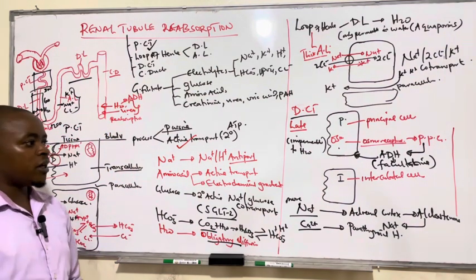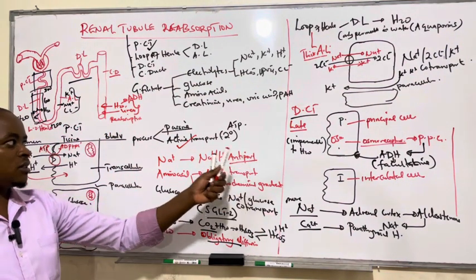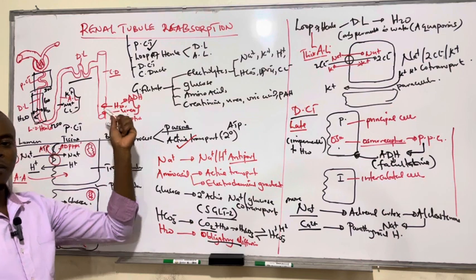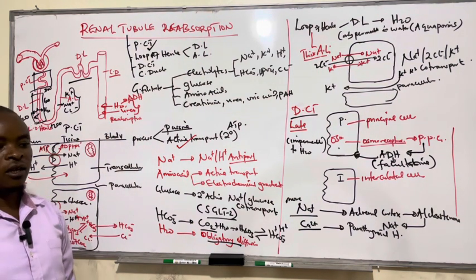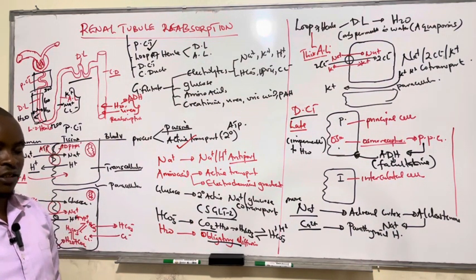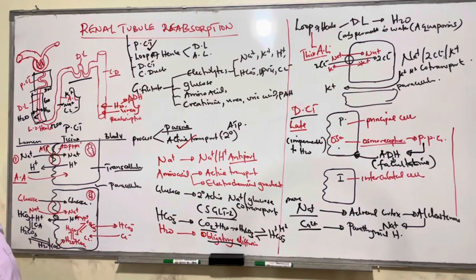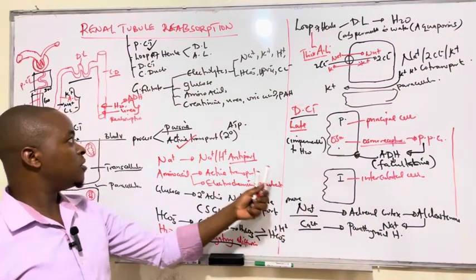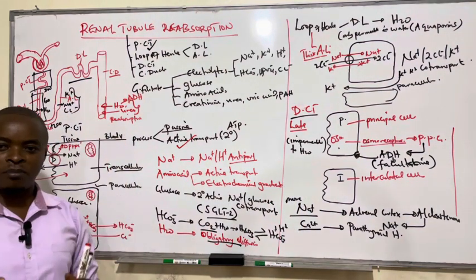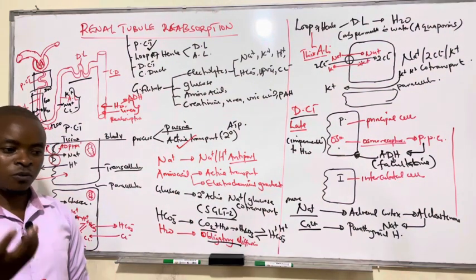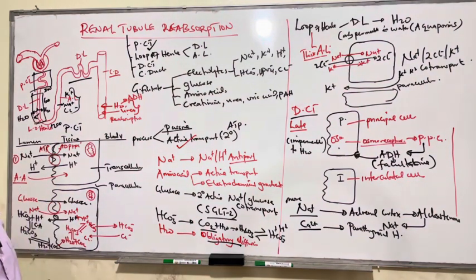So water is reabsorbed in the DCT and the collecting duct by facultative means in the presence of antidiuretic hormone. Because we know naturally the distal convoluted tubule and the collecting duct are impermeable to water. So they only become permeable in the presence of ADH, what we are calling facultative reabsorption.